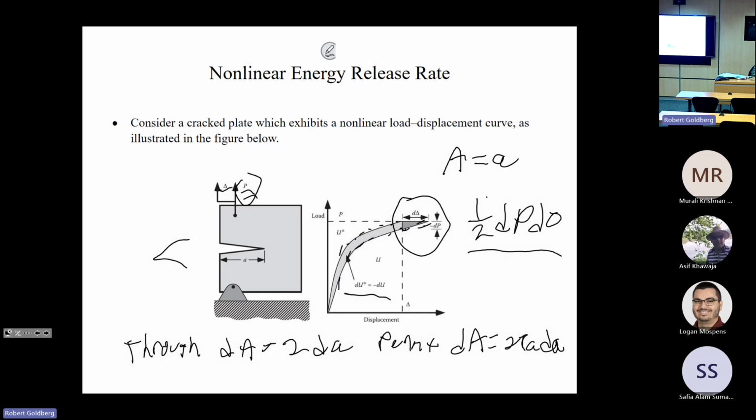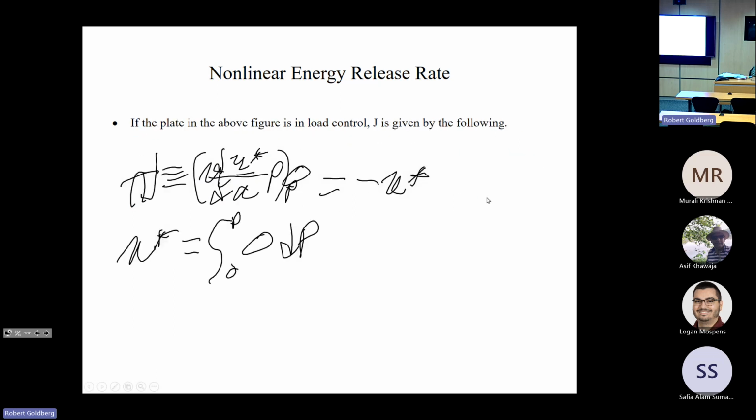So what we can say from this is that the J nonlinear strain energy release rate for load control is equal to the strain energy release rate for displacement control. And if you think back several weeks ago when we looked at the same problem for the case of the linear strain energy release rate, we got the same type of thing.